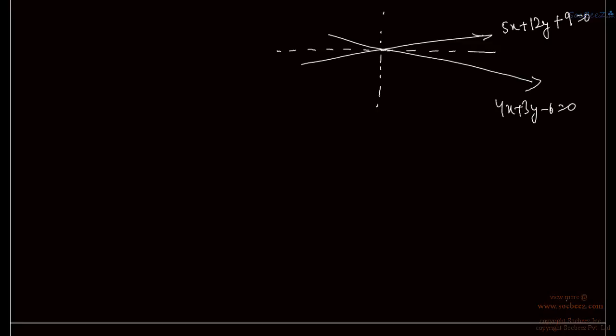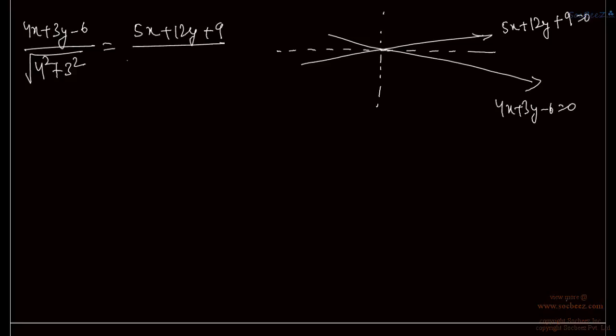Okay, so let's use the angle bisector relation, that is (4x + 3y - 6)/√(4² + 3²) = ±(5x + 12y + 9)/√(5² + 12²).